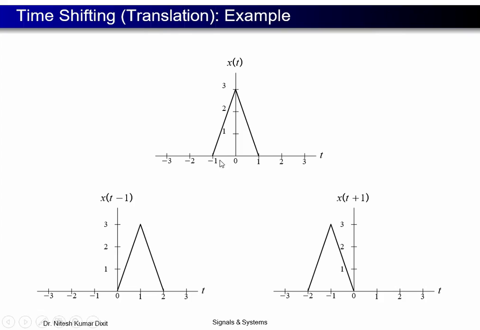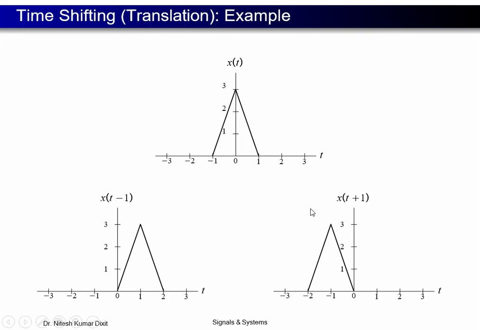If we have the signal at origin 0 with amplitude 3, we shifted the original signal by 1 to the right-hand side. So the signal value amplitude 3 is at t equal to 1.